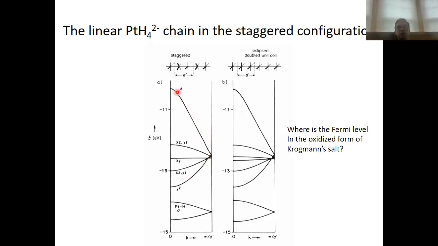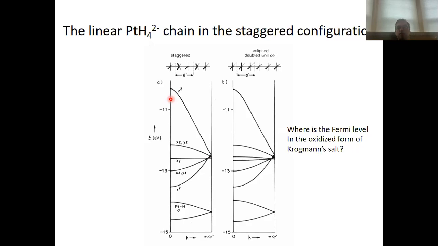While in the non-oxidized state this band was completely full, now in the partially oxidized state it's not completely full anymore. It's partially full, and a partially full valence band translates to metallic conductivity.